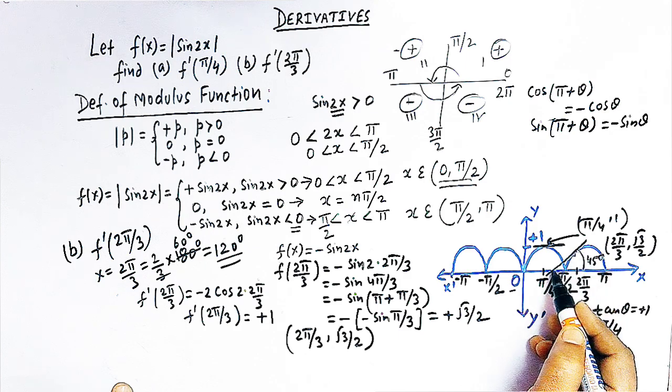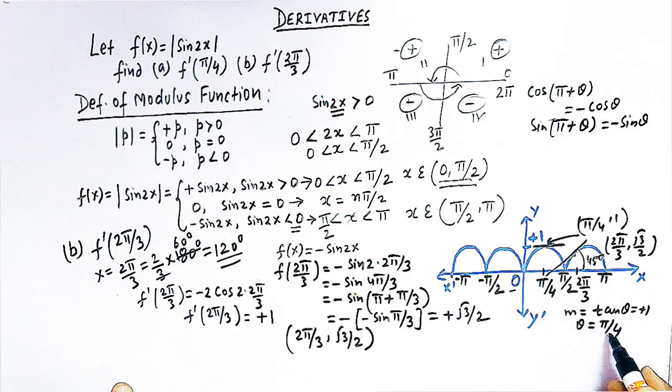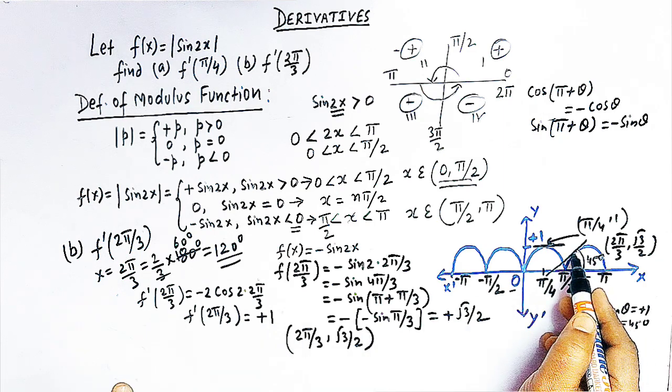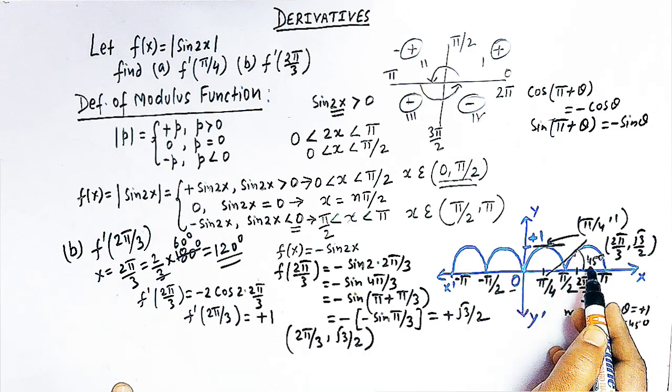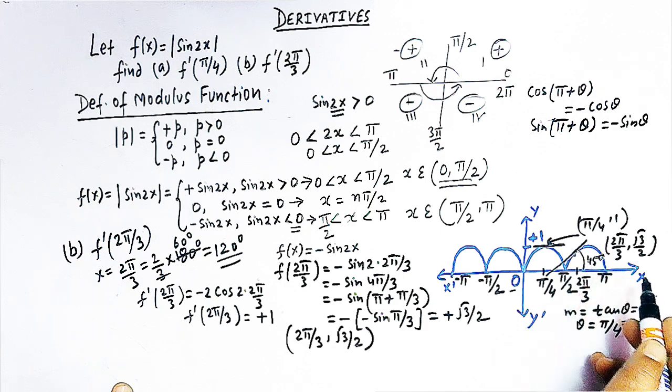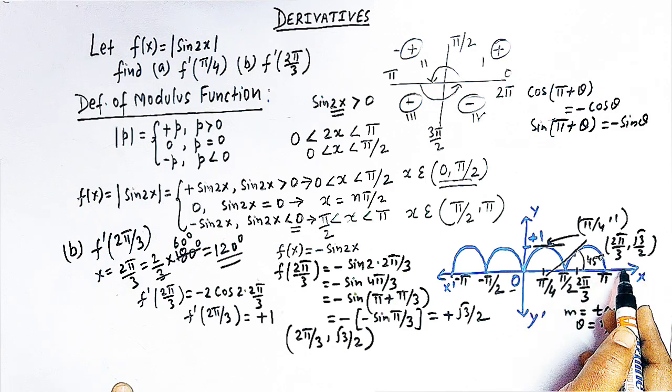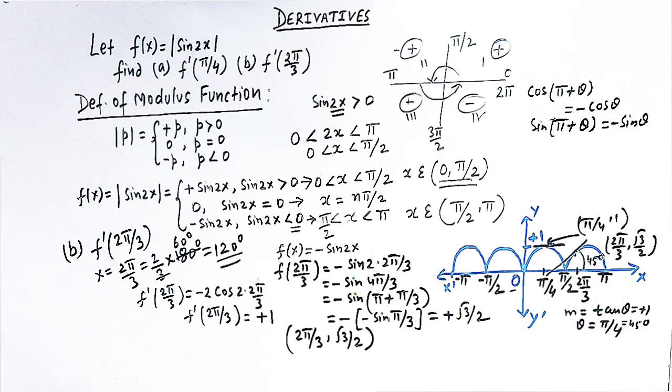So this tangent should make an angle of 45 degrees with the positive direction of x-axis, right? So the derivative f prime of 2 pi by 3 is equal to plus 1, and the tangent at this point makes an angle of 45 degrees with the positive direction of x-axis.